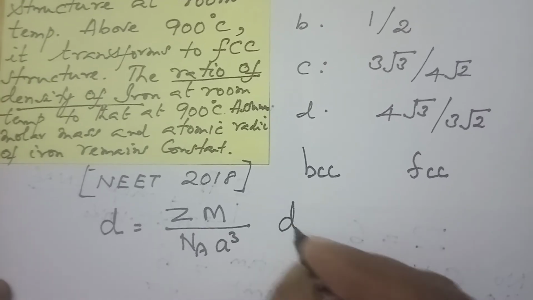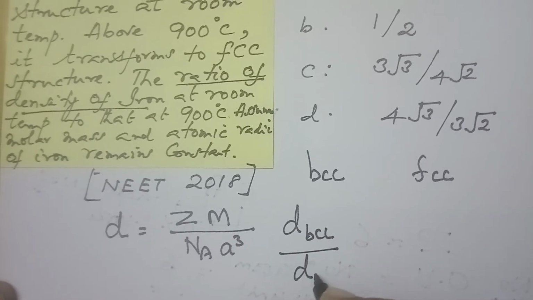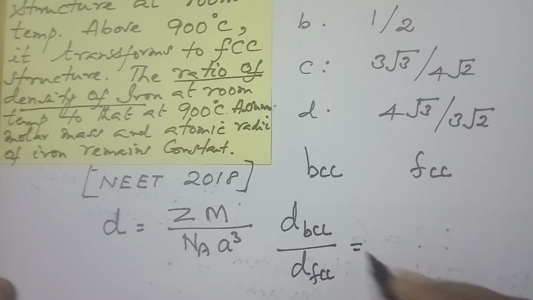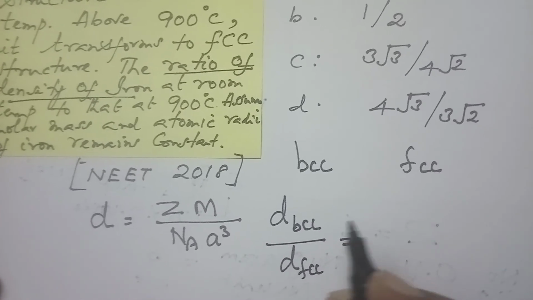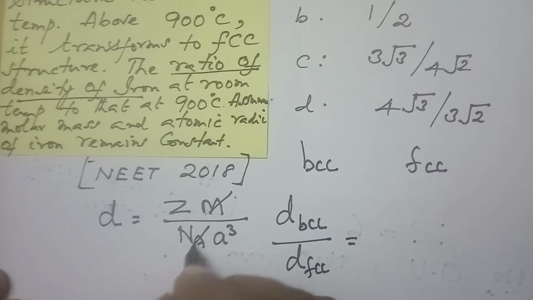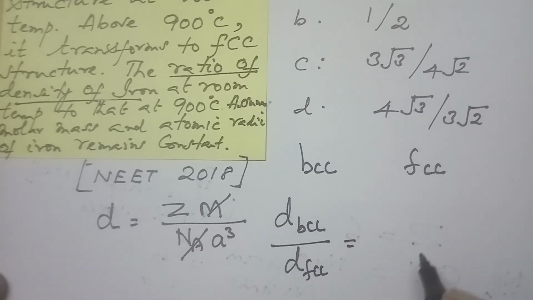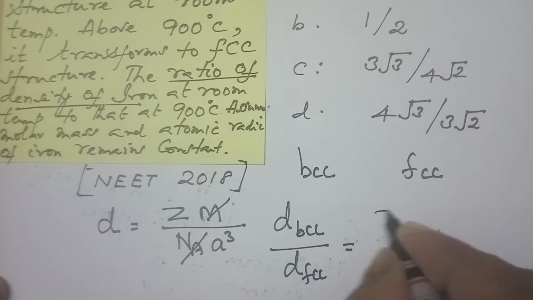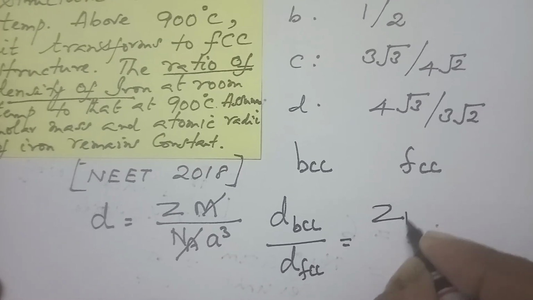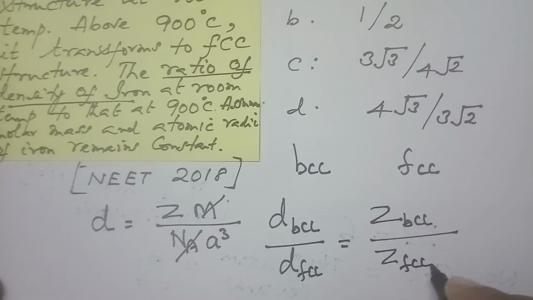Now let me write density of the BCC to the density of the FCC. The common things, molar mass and Avogadro number, are common for both and get cancelled. The remaining two things are going to change. So I am writing Z for the BCC divided by Z for the FCC.